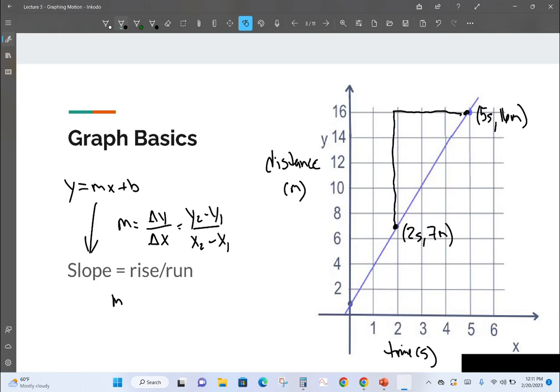So the slope on this graph would be equal to 16 meters minus 7 meters all over 5 seconds minus 2 seconds, which would be 9 meters divided by 3 seconds, or 3 meters per second. So the speed would be 3 meters per second. I know this is speed because it's meters per second. And notice that the slope is constant, right? So on a line, the slope is constant.